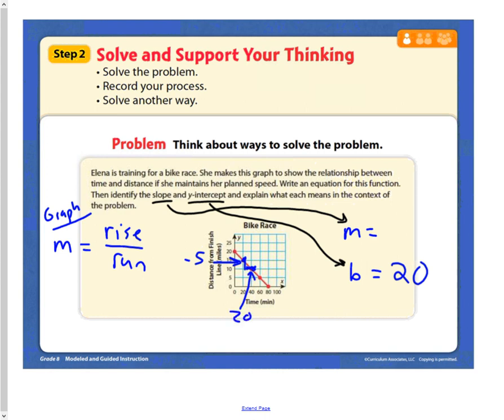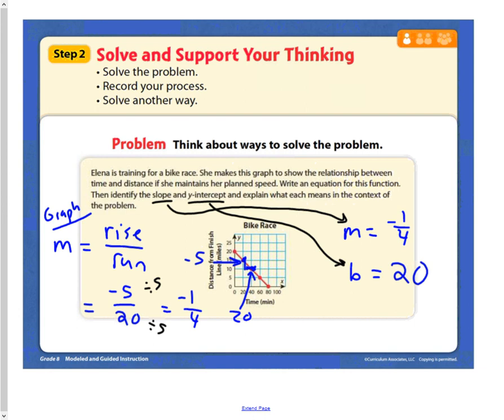So your rise over run in this case is negative 5 over 20. Seems weird, but hey, that's a fraction. It's a slope. One thing we can do with this is we can reduce it. So I can divide 5 out of both the top and the bottom. And what I get out of that is negative 5 divided by 5 is negative 1. 20 divided by 5 is 4. So my slope then is negative 1/4.